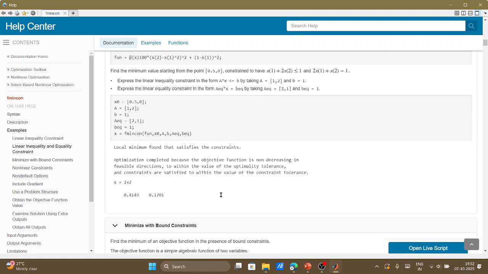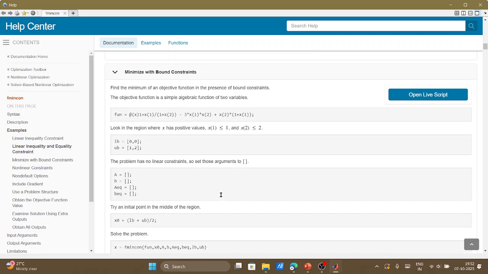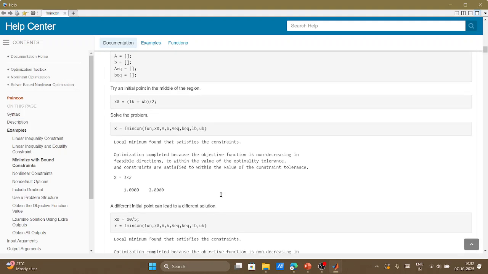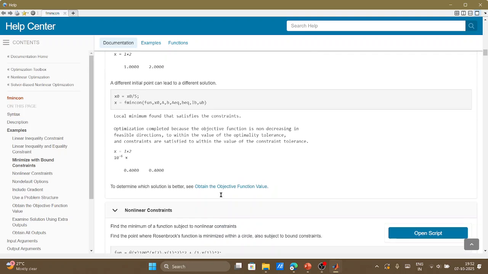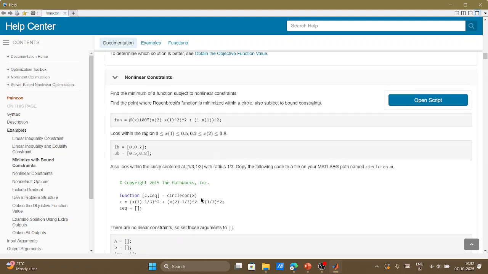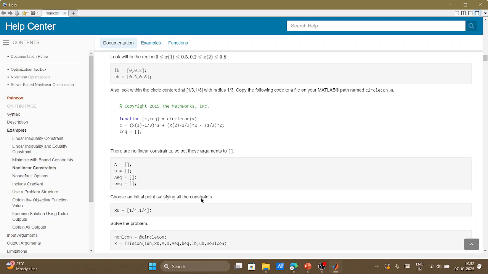There are some examples also given. This is how I will provide the function data.